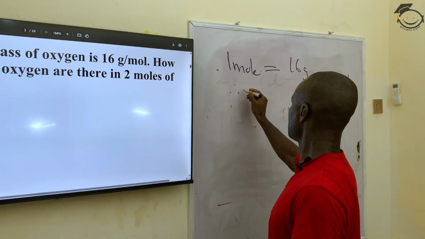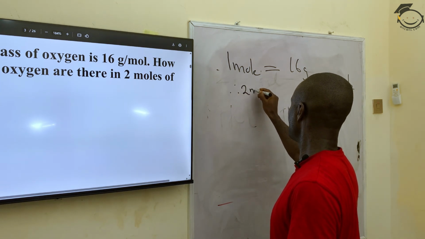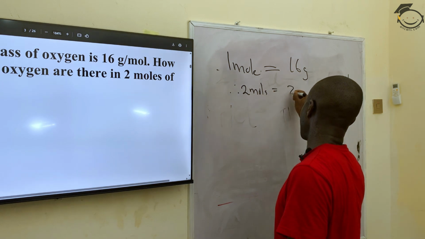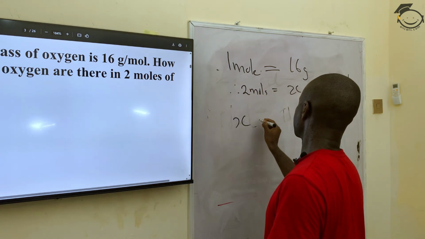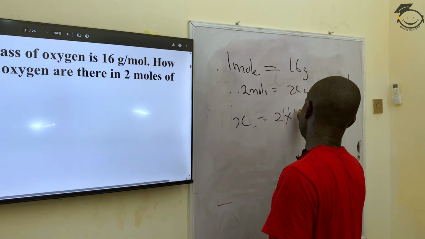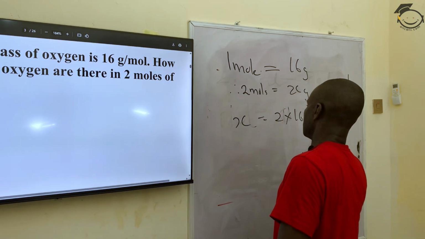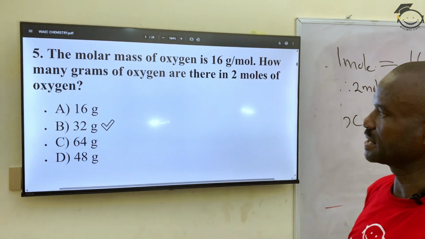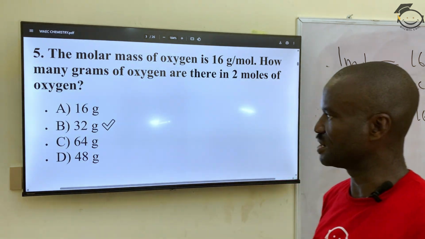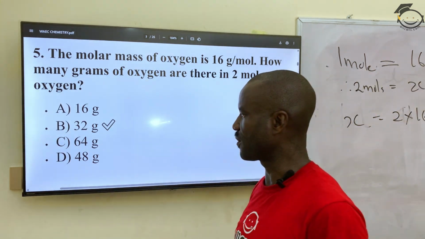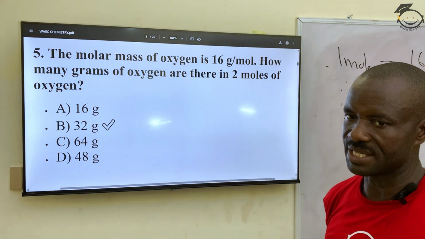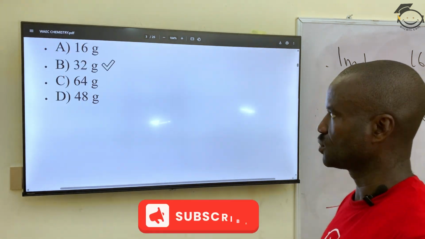Therefore, how many grams will 2 moles give? 2 moles will give X grams. Therefore, X is 2 times 16, which is 32 grams. The options are A, 16, B, 32, C, 64, D, 48. The correct answer is B, 32 grams.